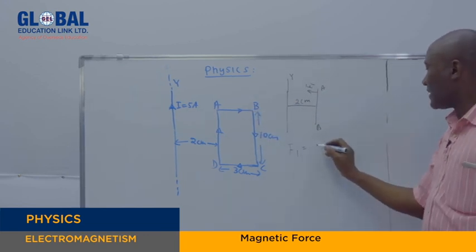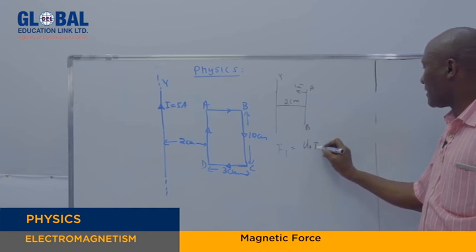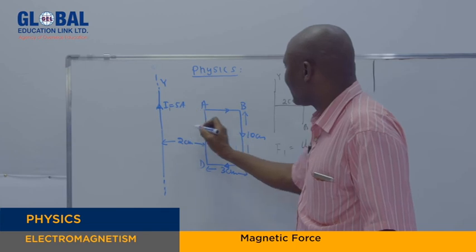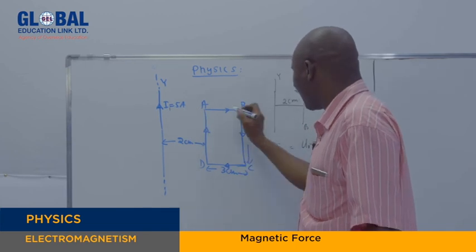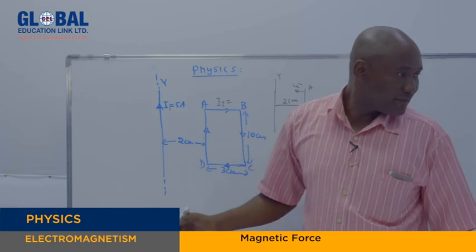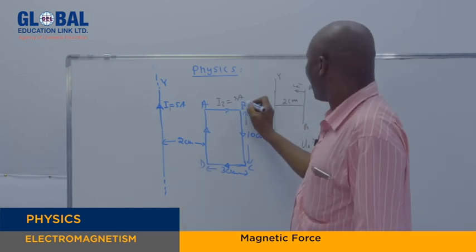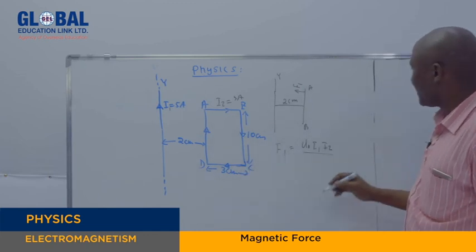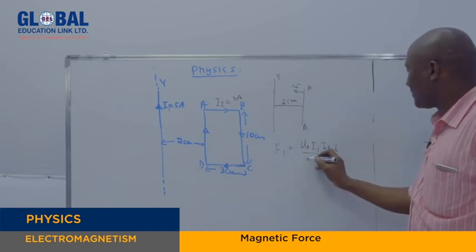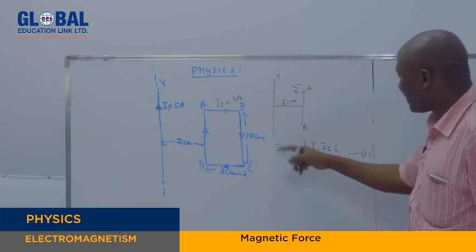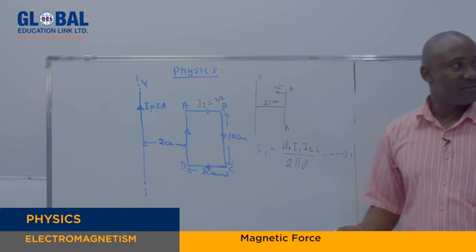So we find that force as mu I1 I2 over 2 pi d. Maybe this is I1, this is I2, which according to the question is given as 3. Because the length of this side is given, we find that force F1 as part of your assignment.